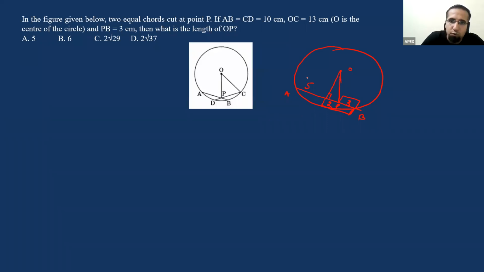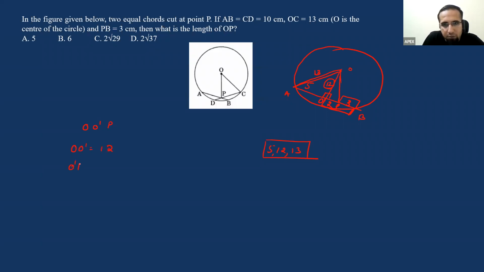Clear, guys? Now, if I observe, this part is the radius of the circle. Now, radius given to us is 13. Now, this is 90. If this is 90, can I say this part will be equal to 12 by Pythagorean triplets 5, 12, and 13? Now, let's name this point as O dash, okay? So, I have a triangle O, O dash, and P. In that, OO dash is equal to 12.